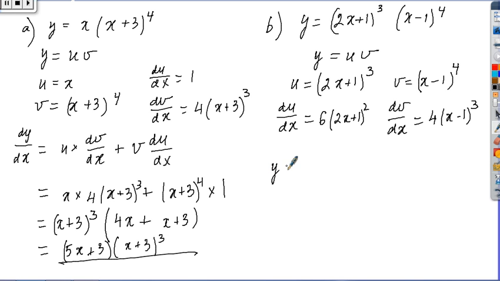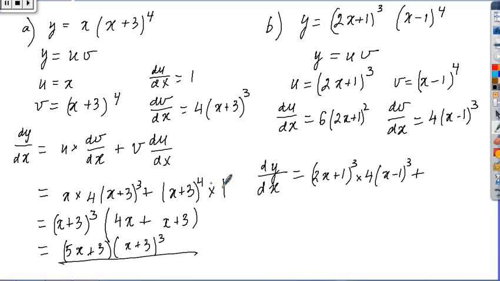So now finally let's apply the product rule and find dy by dx. I'm not going to write the rule again, but I would strongly recommend you to do this over and over again in your examination. U is (2x+1)^3 times dv by dx, 4(x-1)^3, plus, as you can see, I don't have the formula just straight in front of me.